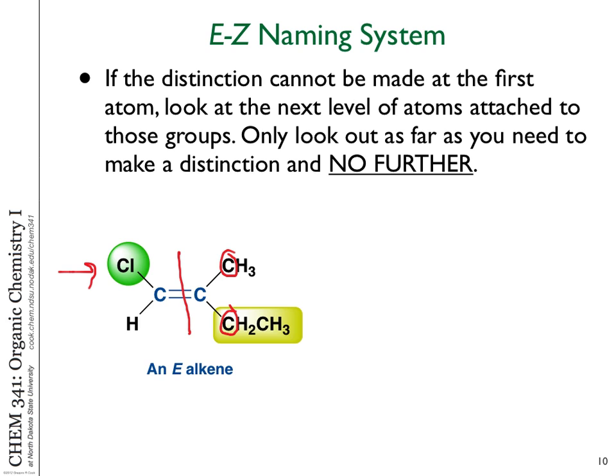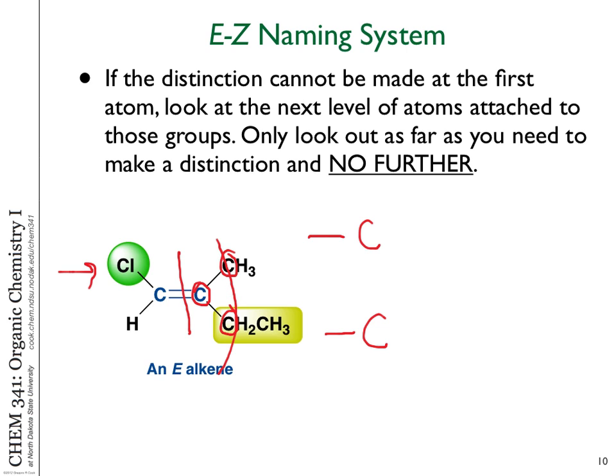One way I like to do it is to draw this out sort of like a tree diagram. So if we look at this CH3 group on the top, directly attached to the double bond carbon we have a carbon on the top group, and on the bottom group we also have a carbon. That's that first layer of the onion, if you will.